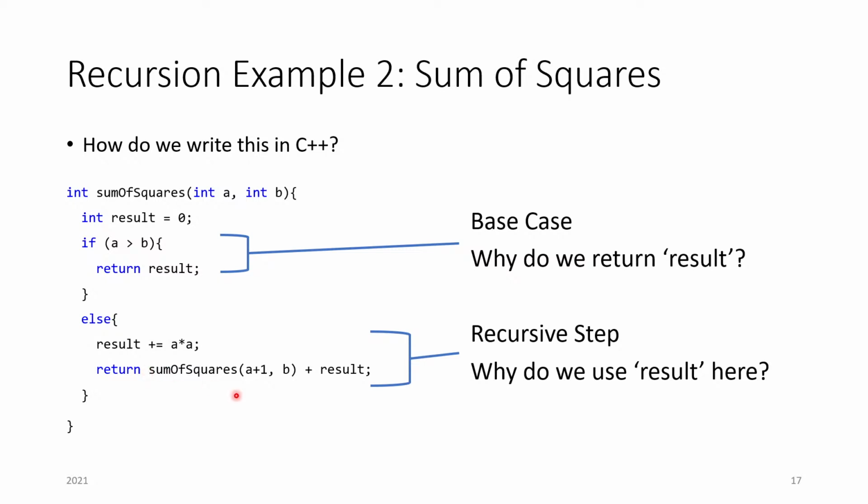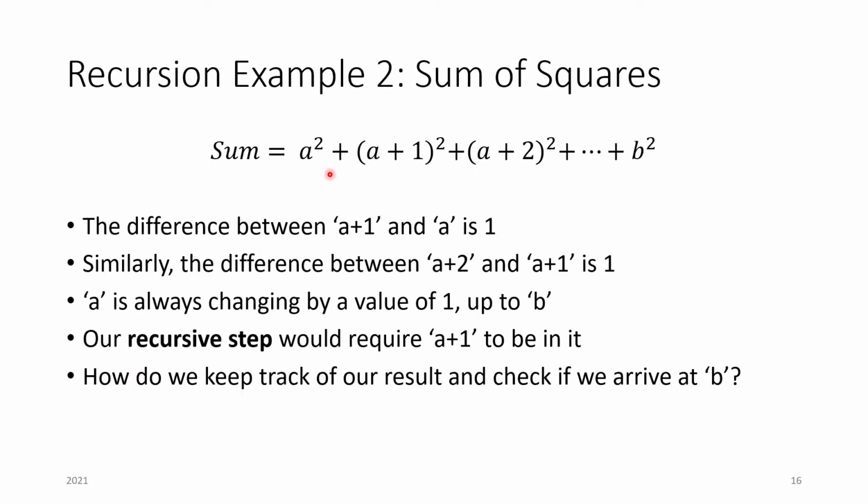So like for step 1, we would have a squared. So this way we have a squared in result. Now we go to step 2, we'll be doing a plus 1 squared.